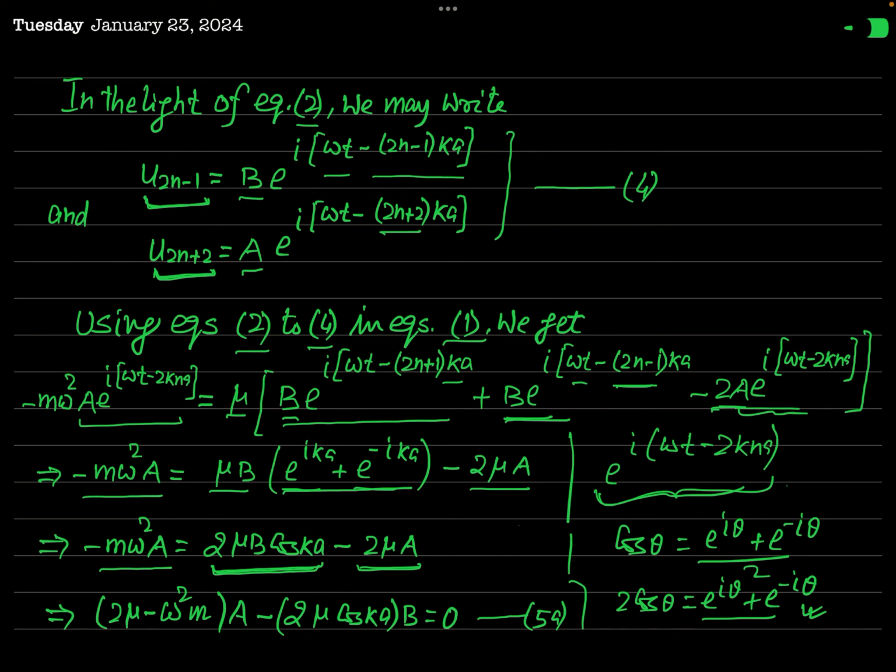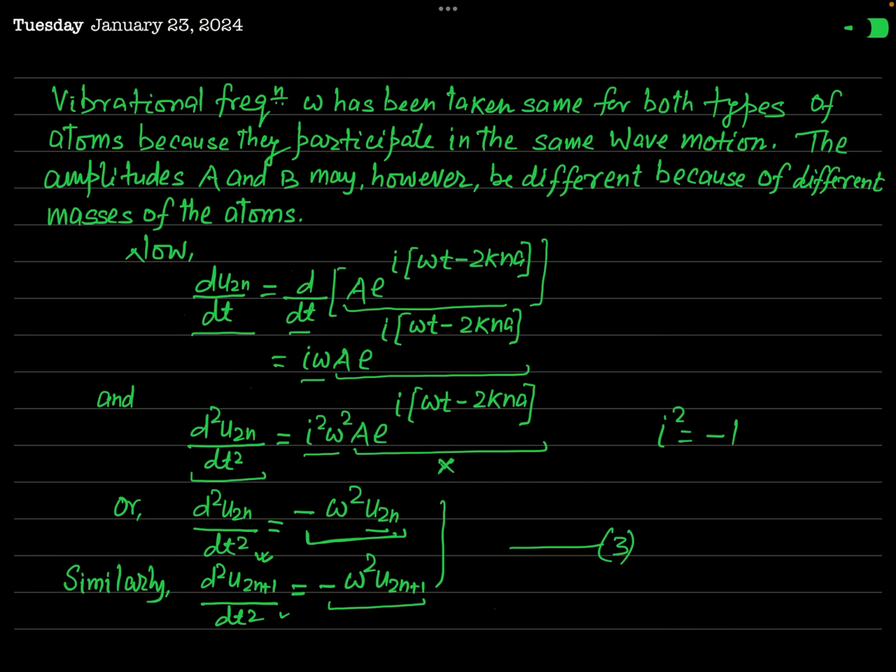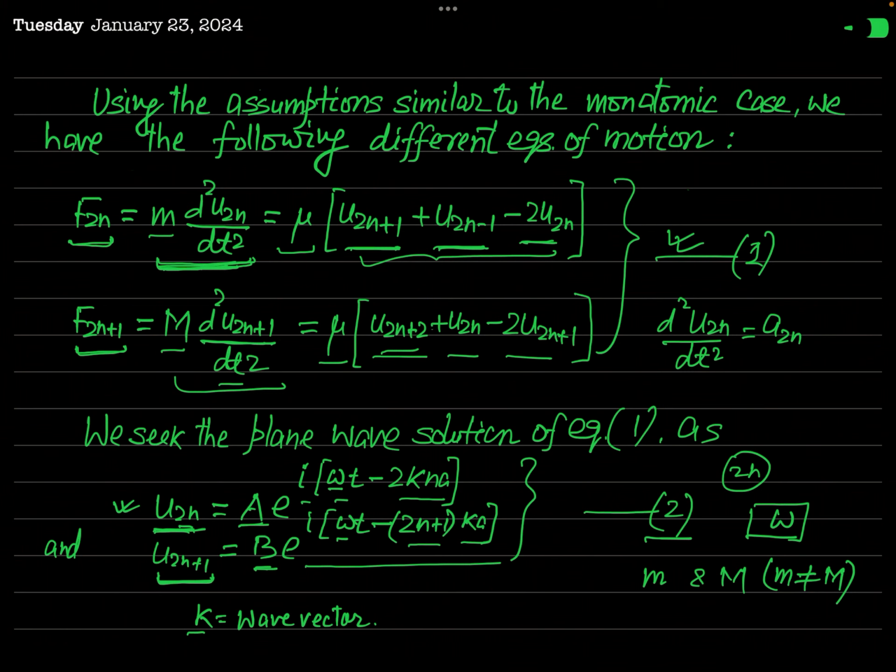So our equation will now be written as (2 mu minus omega square m) times a minus 2 mu cos ka times b is equal to 0. So actually, simplifying the first equation of equation 1, we have obtained that result.